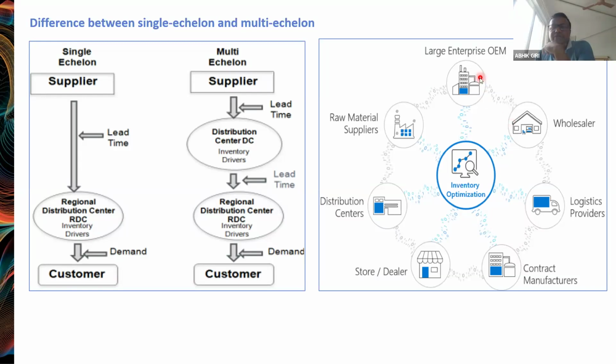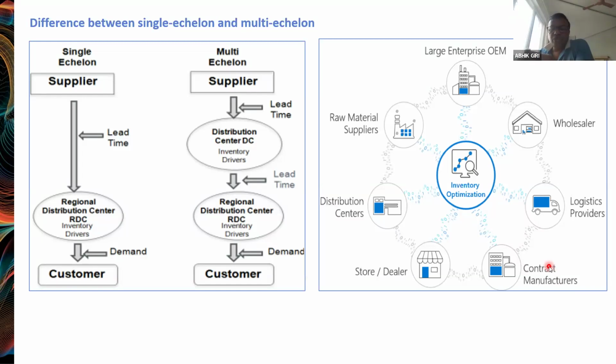Apart from that, you might have wholesalers and logistics providers, so your trucks or vehicles which will carry your materials, and contract manufacturers. These will be of much smaller quantity, because sometimes you do not want to manufacture everything in house because of the cost factor, or you may not have that much capacity, and you do not want to set up a new factory just for manufacturing a certain product.